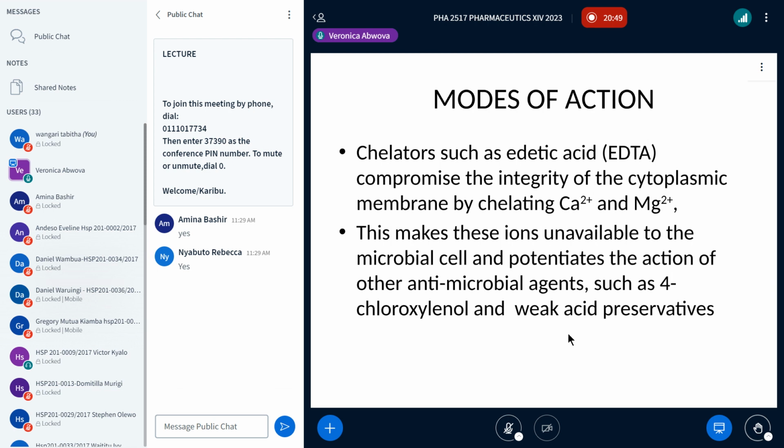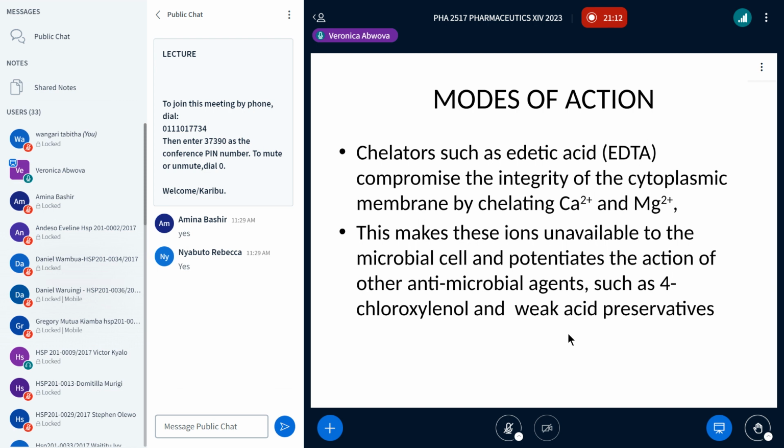Okay, then we have chelators such as edetic acid, EDTA. This will compromise integrity of the cytoplasmic membrane by chelating calcium and magnesium. So you can imagine these ions are supposed to be available for the cell, and they are there for a purpose.